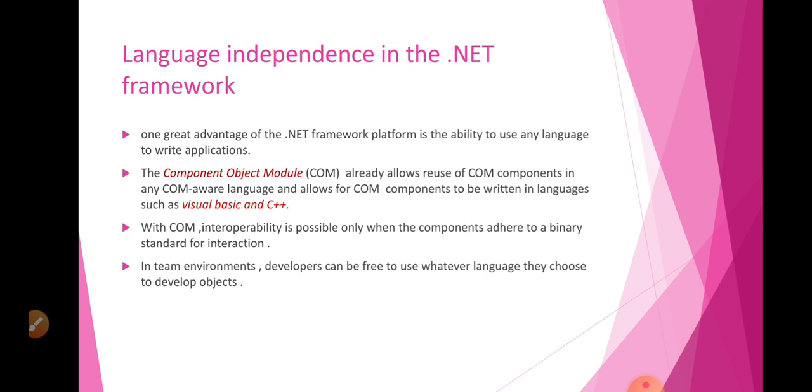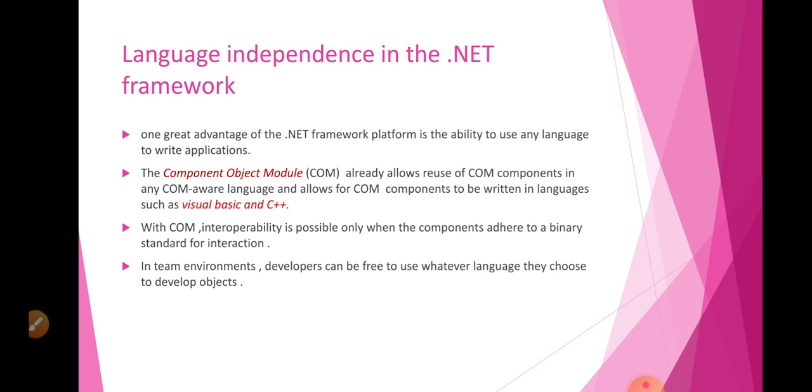In team environments, developers can be free to use whatever language they choose to develop objects. I already explained, in a team, the programmers have skills in various programming languages. For example, a team consists of 10 members, person 1, person 2, person 3 up to person 10.